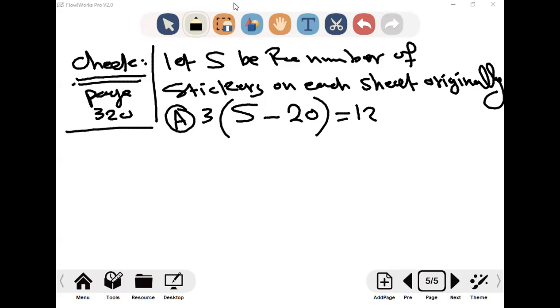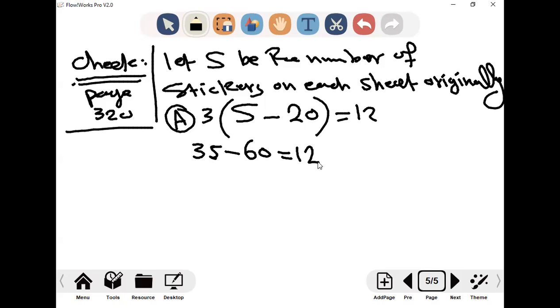Multiply. 3 multiply what? 3S minus 3 multiply 20. How much? 60. All equal what? Louder. Equal what? 12. Okay, this is the first step.